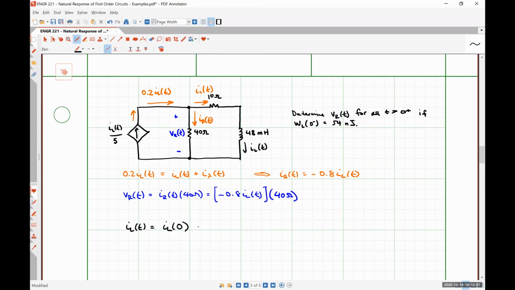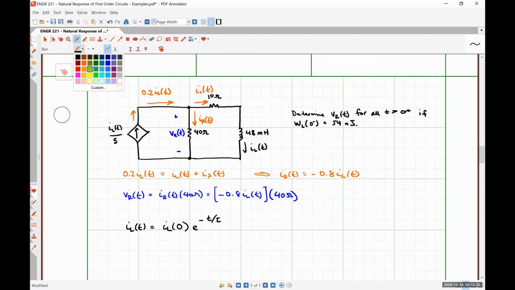I want to be clear here: ordinarily, I would need to include either t is equal to 0 minus or 0 plus, but for an inductor current, those values can't change. They have to be the exact same thing, so I'm just going to designate it as IL at 0, understanding that it is that at 0 minus and 0 plus.